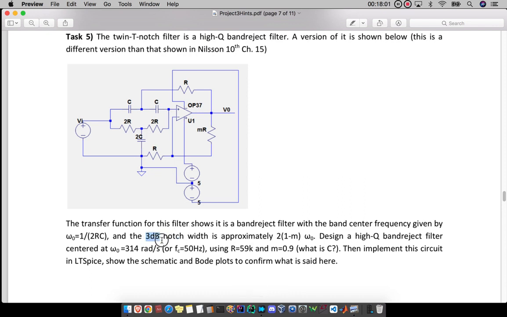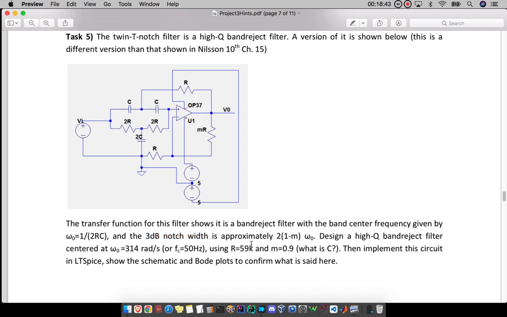The width of the 3 decibel notch is 2 times 1 minus m. What is m? M is 0.9. So 2 times 1 minus 0.9 times omega naught, and that omega naught is 314 radians per second. So 2 times 1 minus 0.9 times 314 should give you the final result of the 3 decibel notch width.